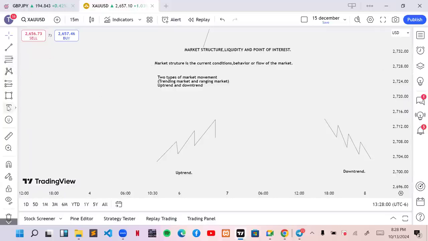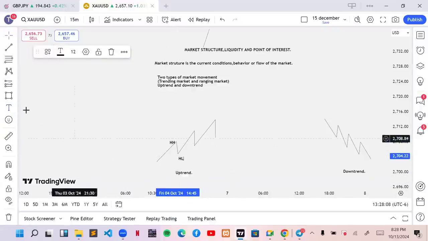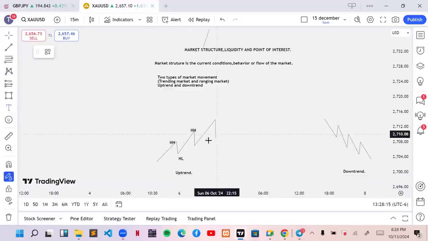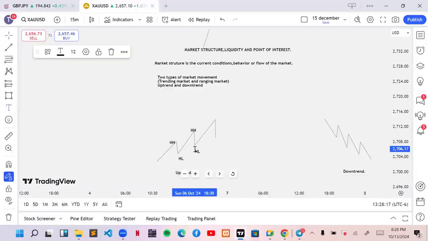Here you can see this is the higher high, which I will signify with HH, and this is the higher low, also with HL. This is the higher high, this is the higher low, this is the higher high, this is the higher low.